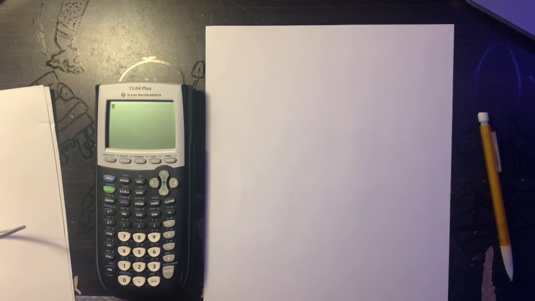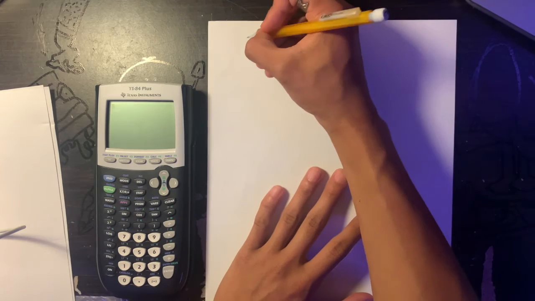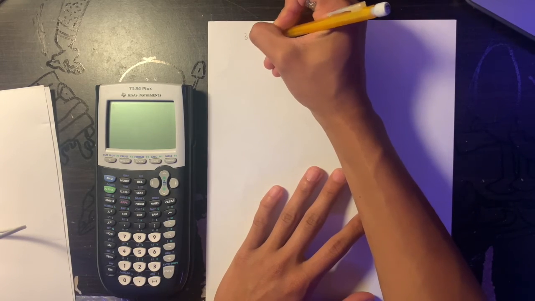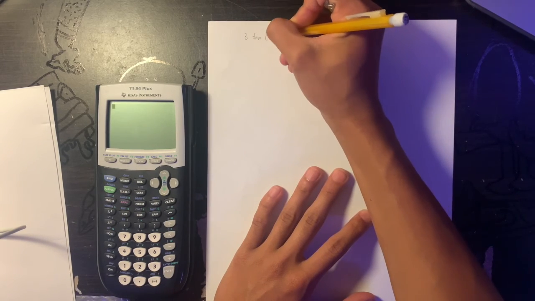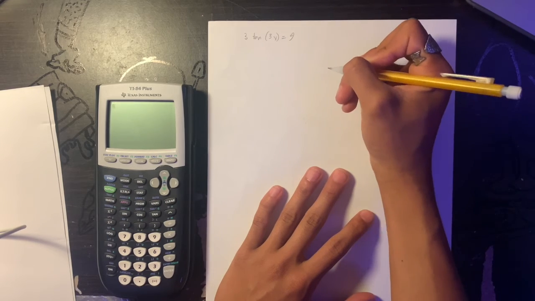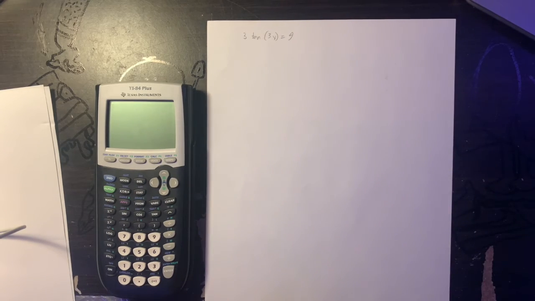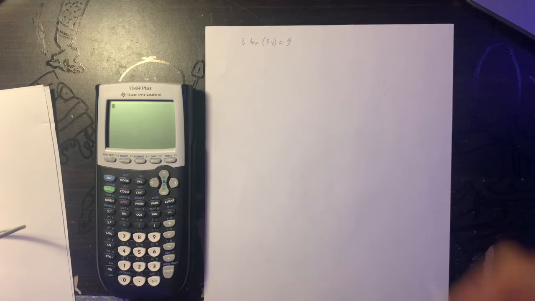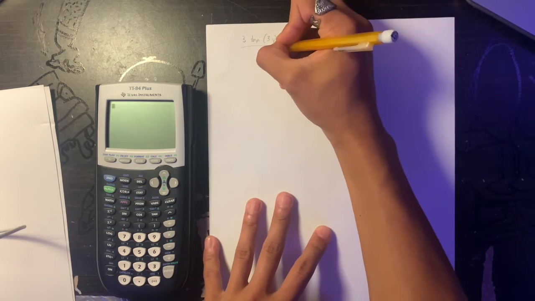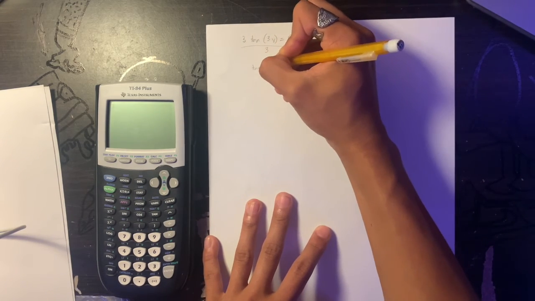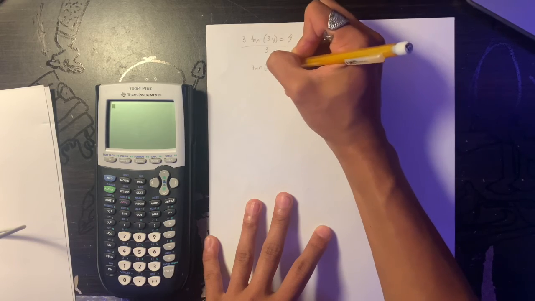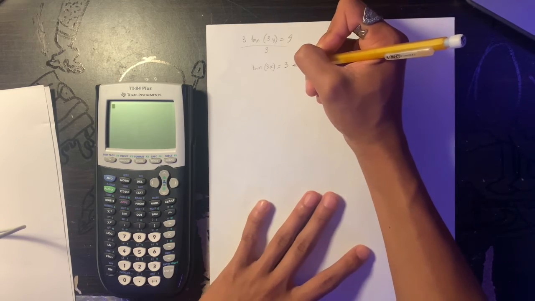Alright, so for our last problem, find all solutions of 3 tan 3x equals 9. Let's see, how am I going to do this? Okay, so divide by 3. So tan of 3x equals 3.